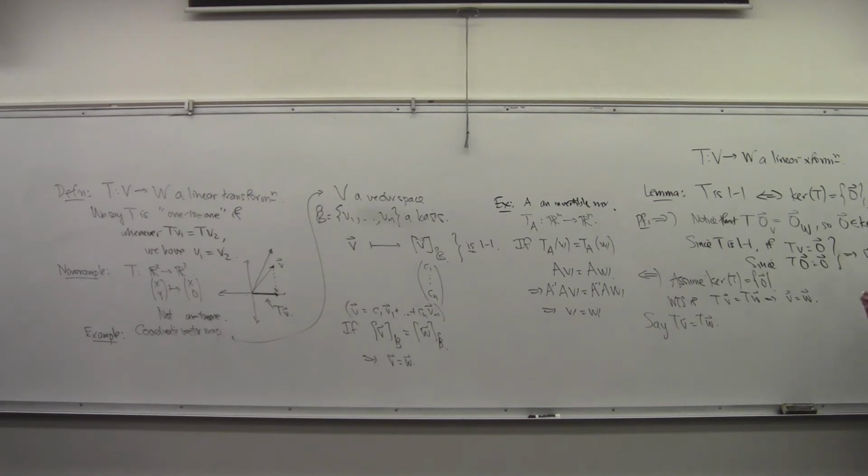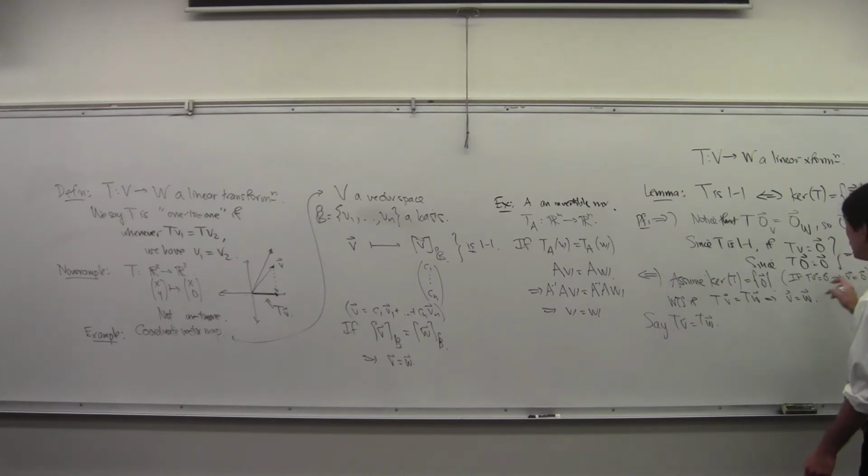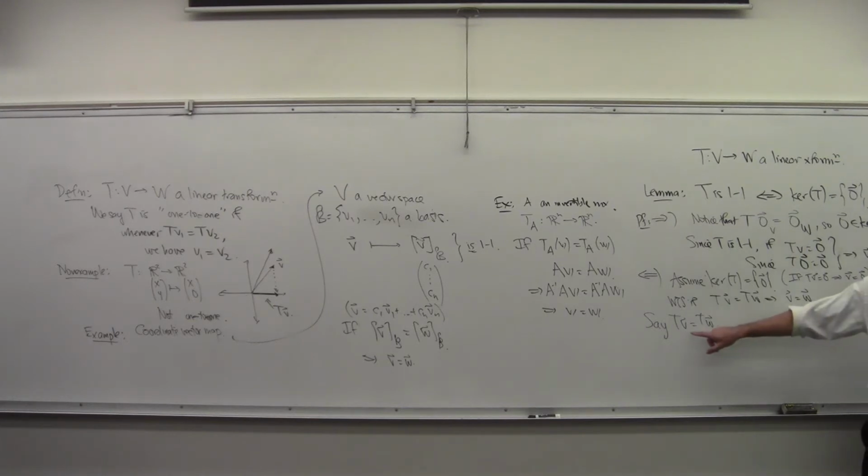The fact that we have is that if T of something equals 0, then that V equals 0. That's our information, that the kernel is 0. The only thing that gets sent to 0 is the 0 vector. Okay. Can anyone see how we can use this plus this to get that V and W must be the same?